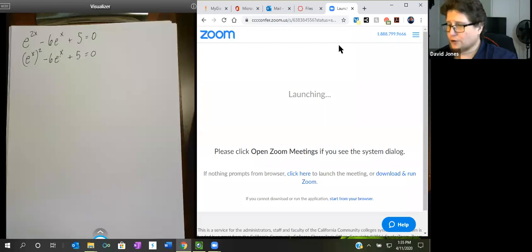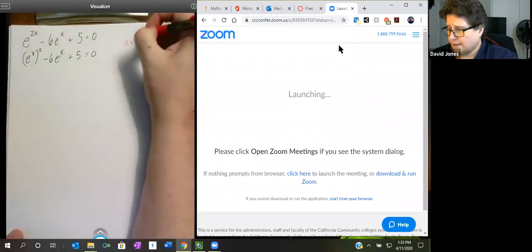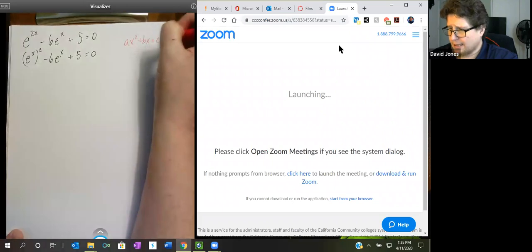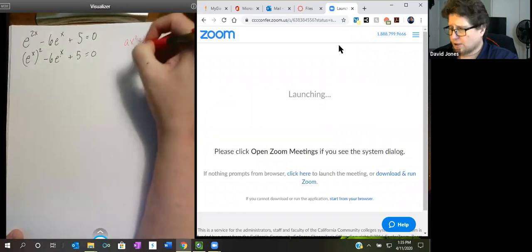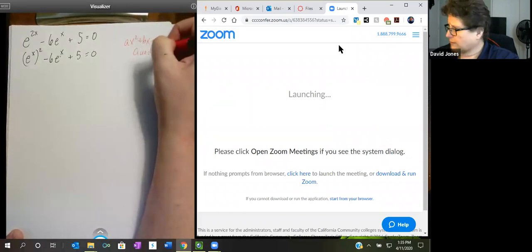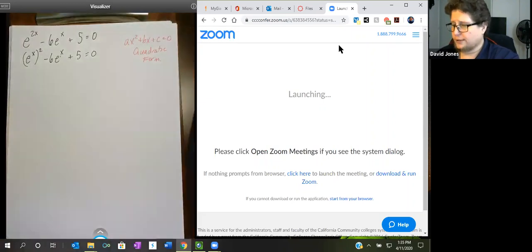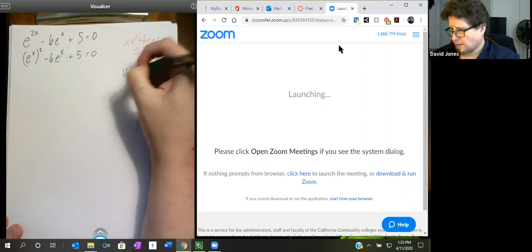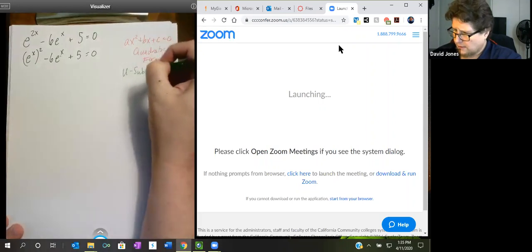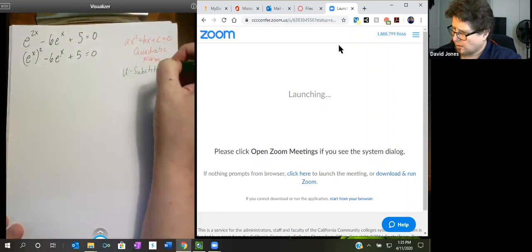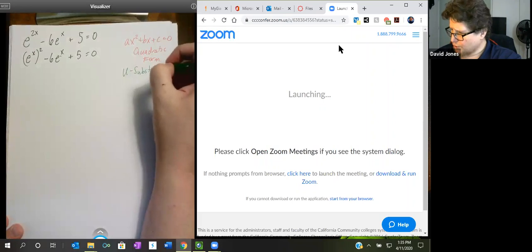This is in quadratic form: ax squared plus bx plus c equals 0. So let's do a U-substitution.